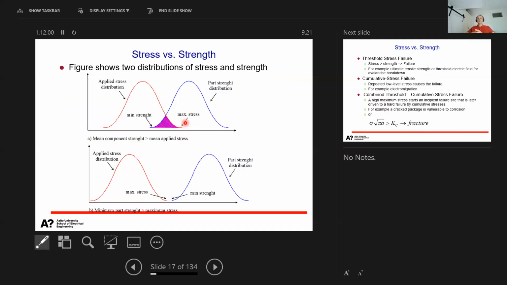This is a very simple thing, but it's still good to understand. If we think about failure, this hatched area here indicates the failure. This red curve is the stress distribution, and the blue curve is the strength distribution.